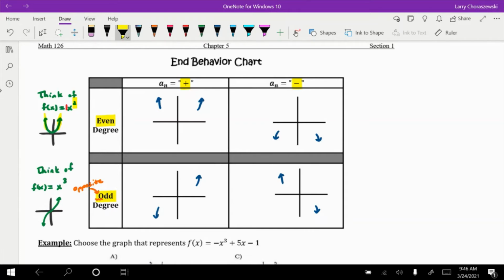And as you can see, we have one end pointing up in quadrant 1, the other end pointing down in quadrant 3. And the reason for that is because we have an odd degree in conjunction with a positive leading coefficient. Is this all making sense so far?